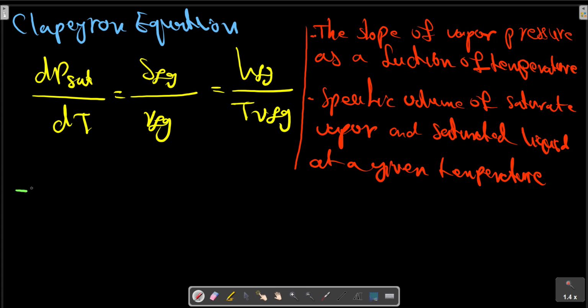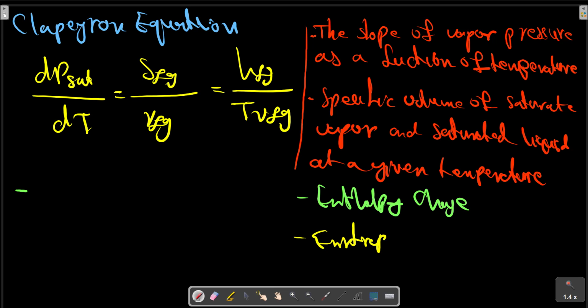Which means that the enthalpy change and the entropy change of the vaporization can both be calculated.